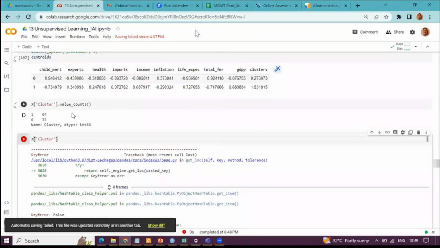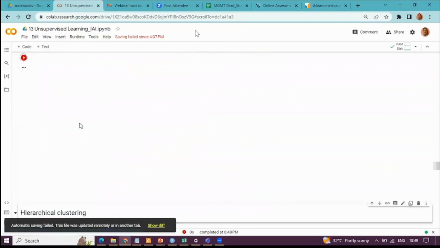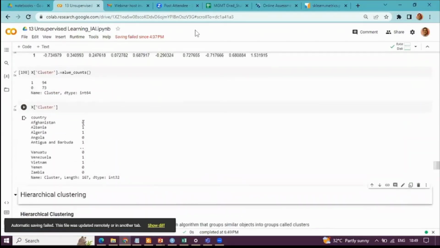This is how we can come out with the typical clustering and identify which of them are falling into cluster 0 and which into cluster 1, and based on that we can do the appropriate next step.